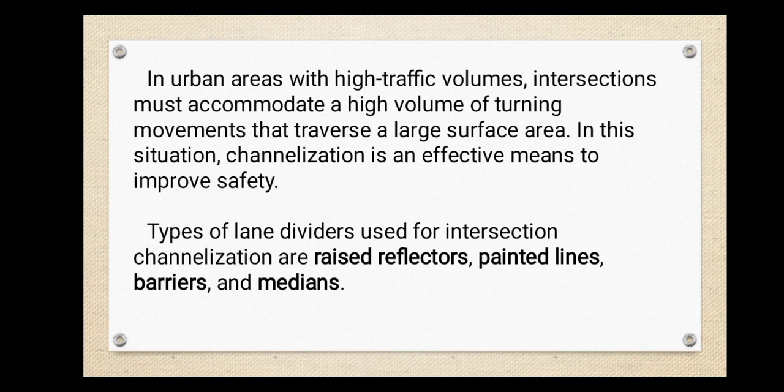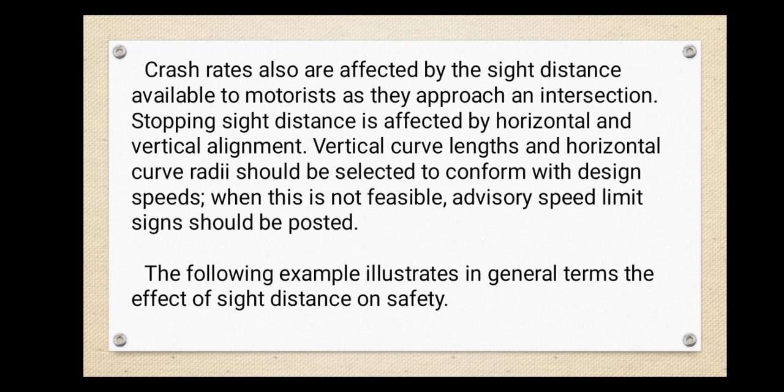through the intersection area. So, types of lane dividers used for intersection channelization are raised reflectors, painted lines, barriers, and medians. Crash rates also are affected by the sight distance available to motorists as they approach an intersection.